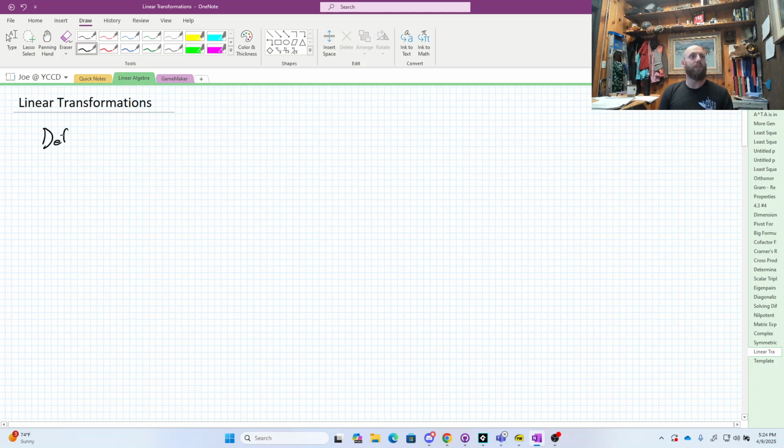So our definition is going to be a map T mapping, let's say, V to W. So that's going to be between, let me just write this here, so we'll just say V and W are vector spaces, is called a linear transformation.